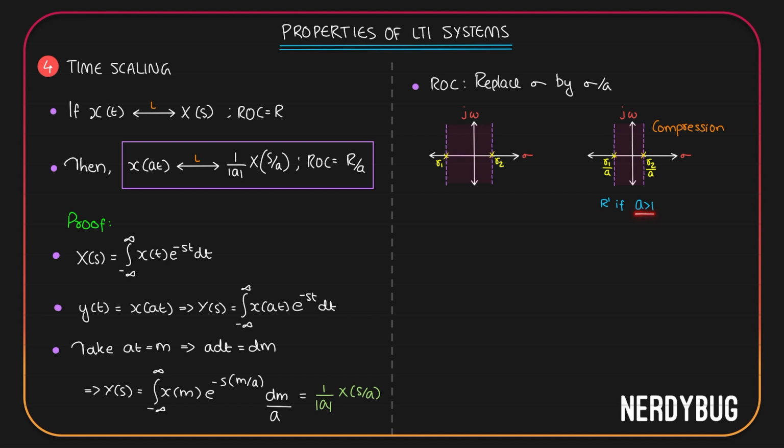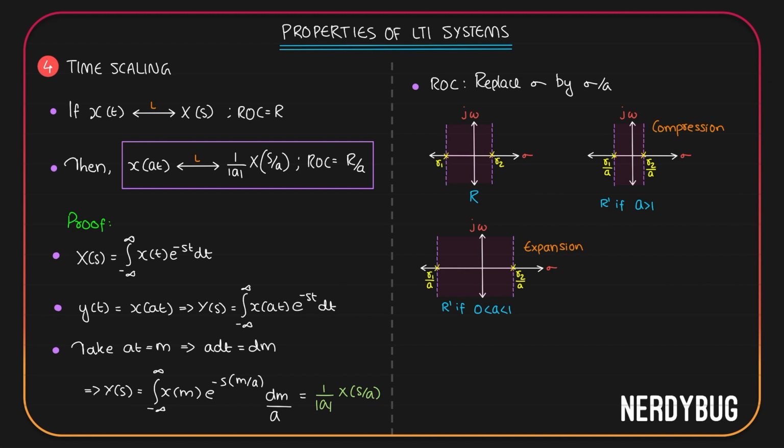And since a is greater than 1, there will be a compression. Now, assume the value of a is positive, but it is between 0 and 1. In that case, the ROC will look like this. It is going to be between R1 by a and R2 by a, but since a is less than 1, there is going to be an expansion instead of a compression.